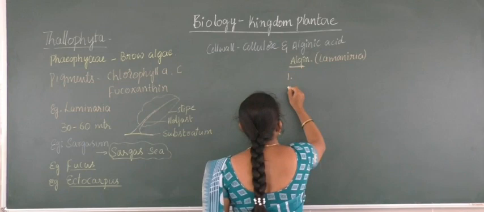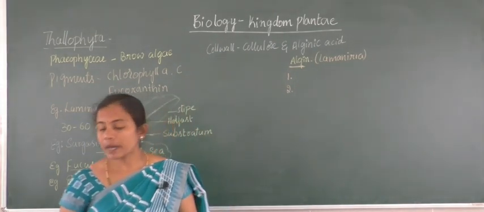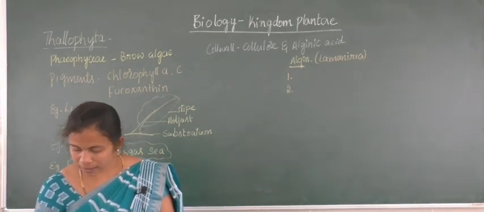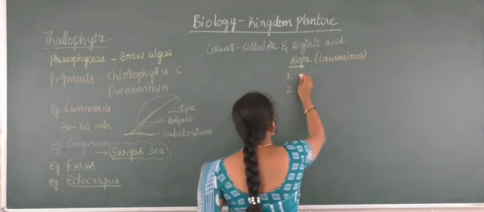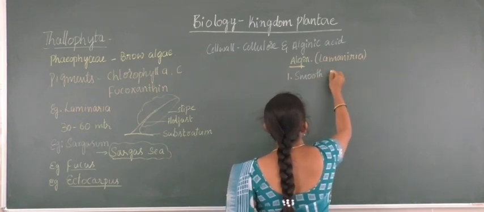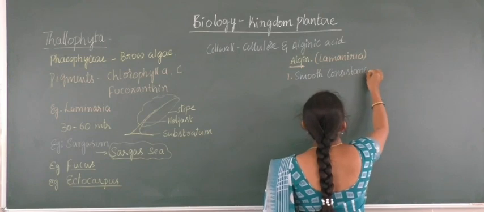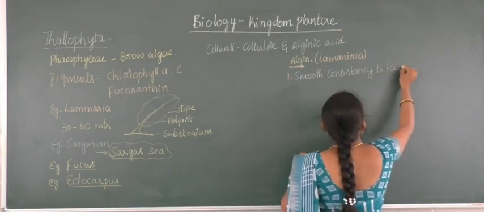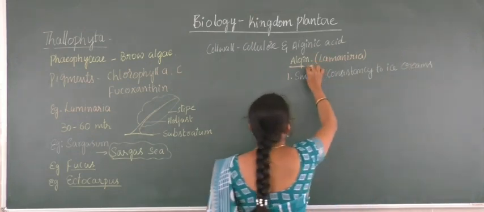Here it possesses important economic importance. You can find that there will be a smooth consistency in the ice creams that you are eating. So there is a presence of smooth consistency to the ice creams, and by the addition of algin only we get this.